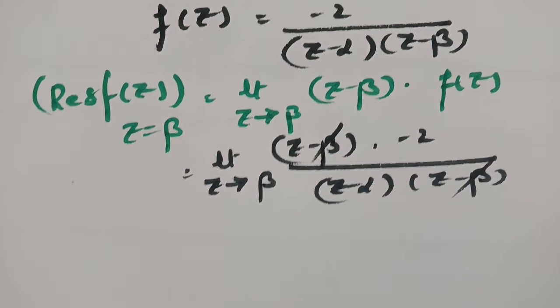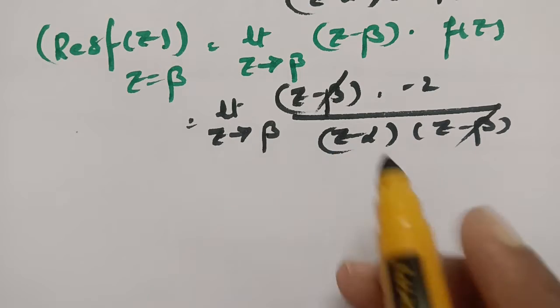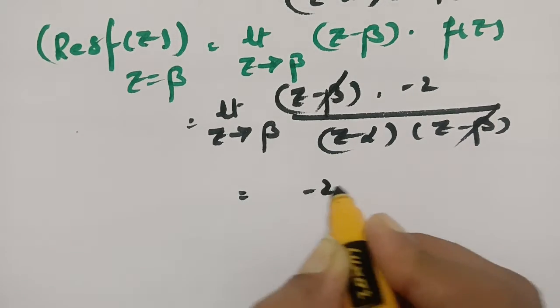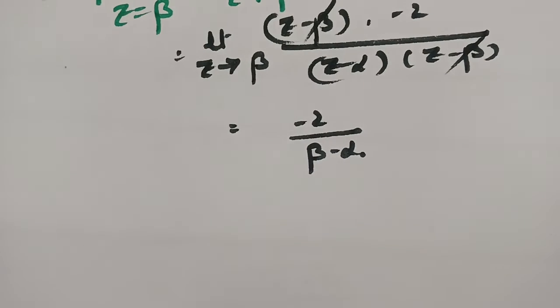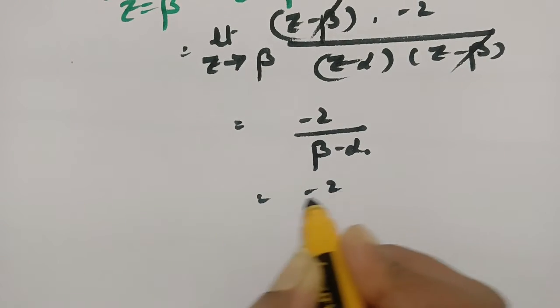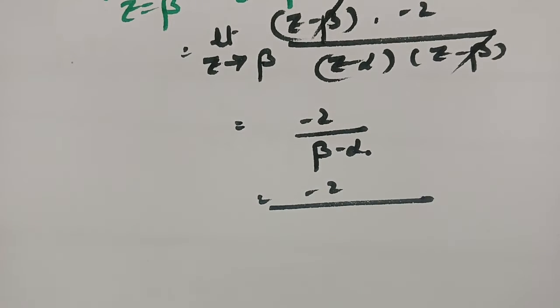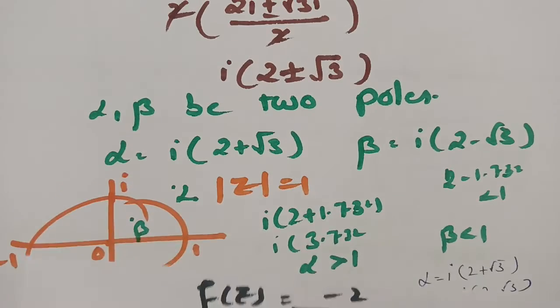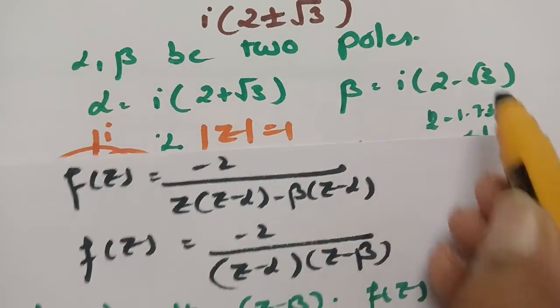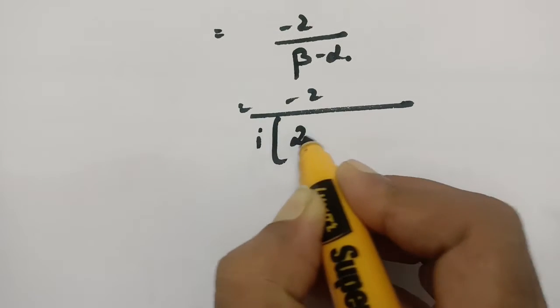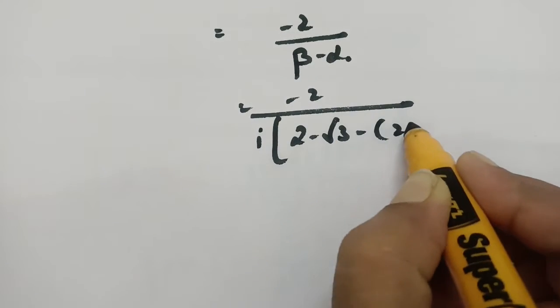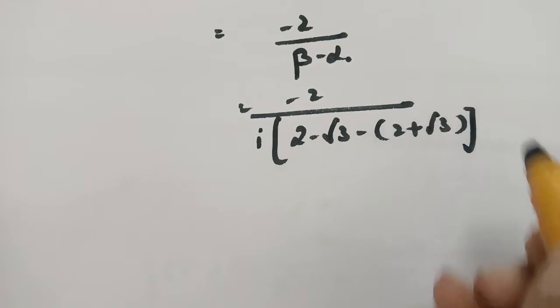So if I cancel this z minus beta and substitute beta in place of z, this will be 2 by beta minus alpha. So this is our residue value. So this is minus 2 by, what is our beta value? So beta value is also clear here as minus 2 minus root 3 i times of. So I am taking i common. This is 2 minus root 3 minus this is 2 plus root 3.